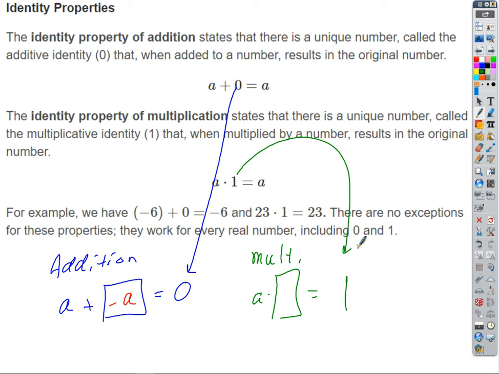No, 2 times 2 is 4. 2 times what? I'll give you a hint. 2 is the same as 2 over 1. What could I multiply if I've got 2 over 1 times what equals 1? 1/2. Yeah. If I take 1/2, look what happens. The 2's cancel and the 1's cancel, and I just get 1 over 1, right?